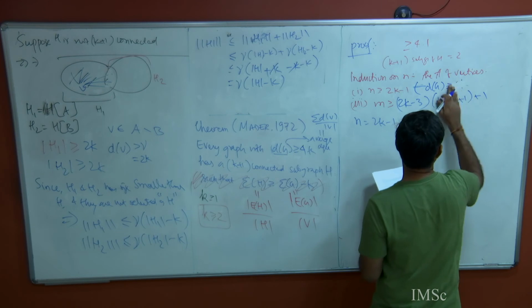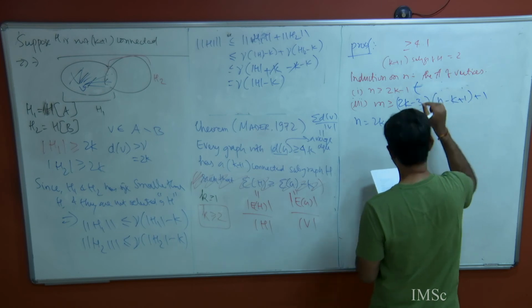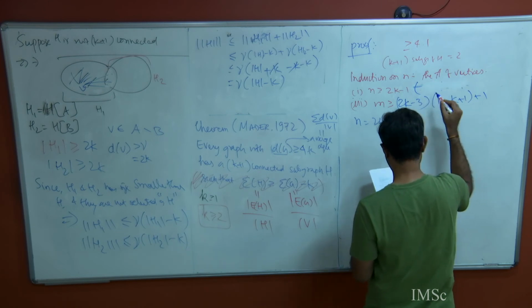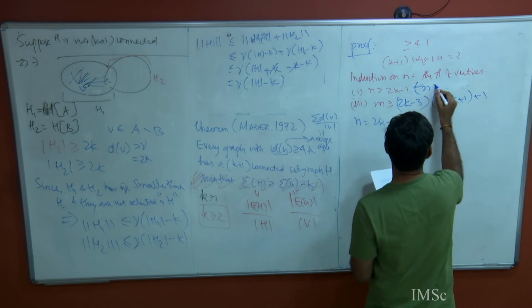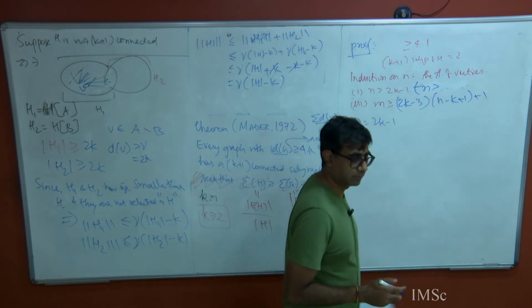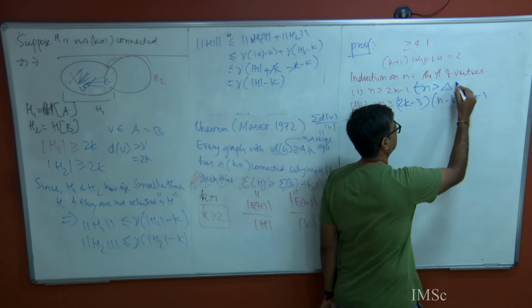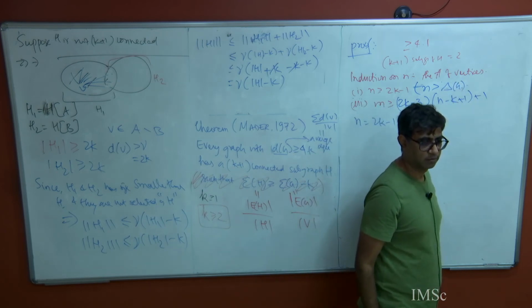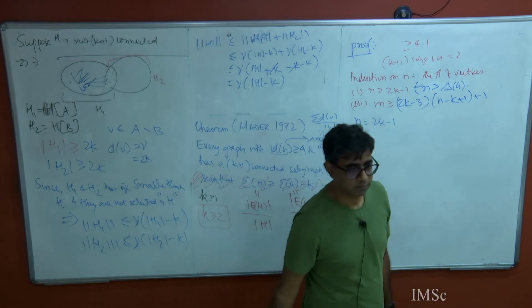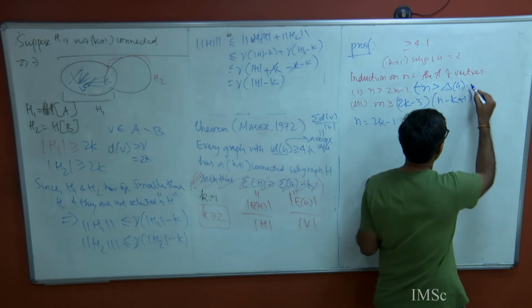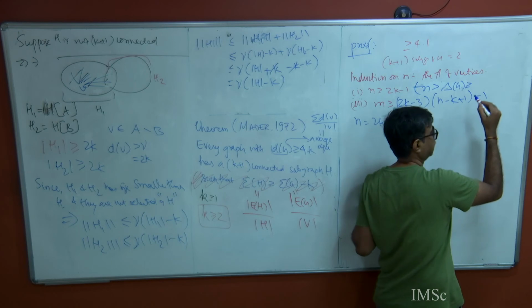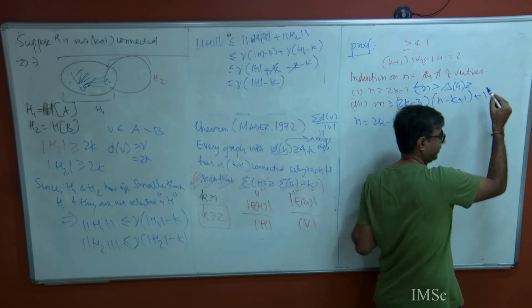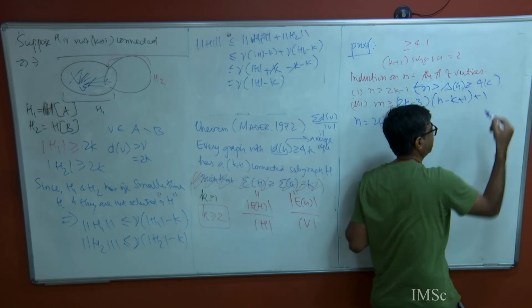So let's say n is greater than or equal to 2k, since n is greater than or equal to the maximum degree, which is at least how much? Is this statement true?